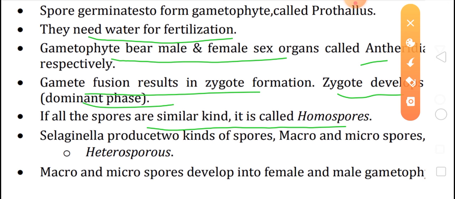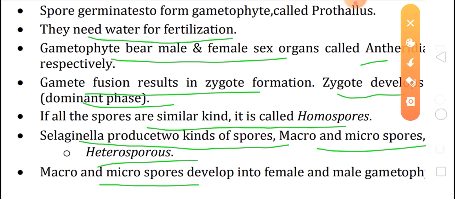These are two different kinds, so they are known as heterospores, and the plant is heterosporous. These macro and microspores develop into female and male gametophytes. The female gametophyte is retained on the sporophyte and it leads to the development of seed.